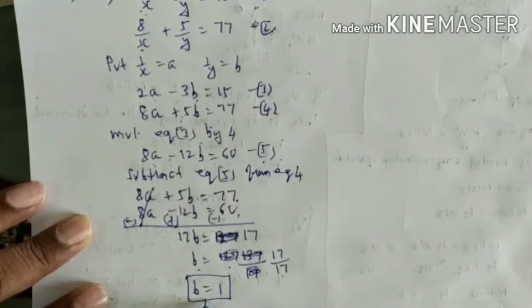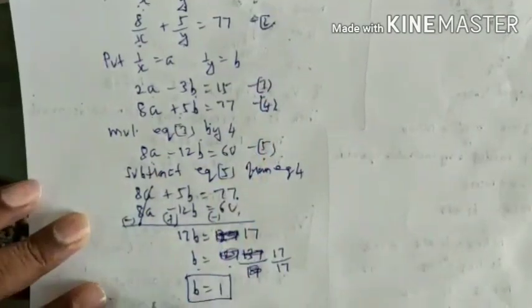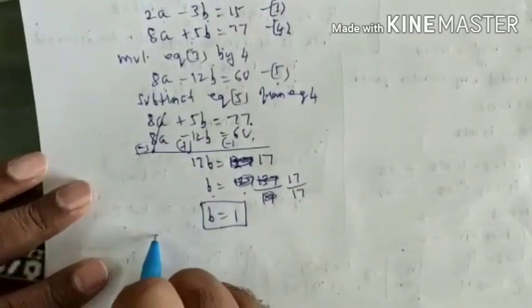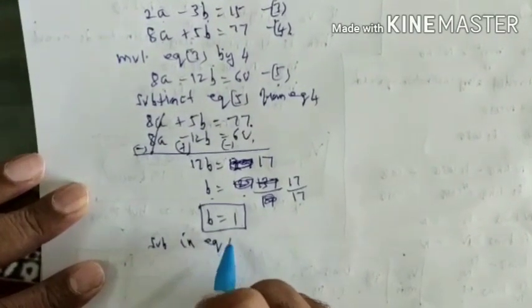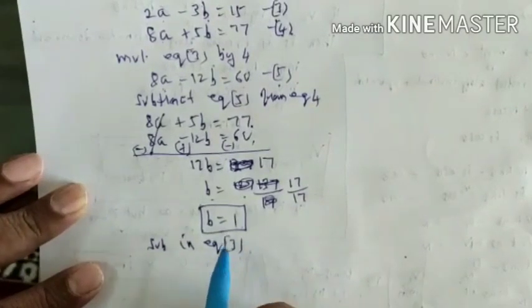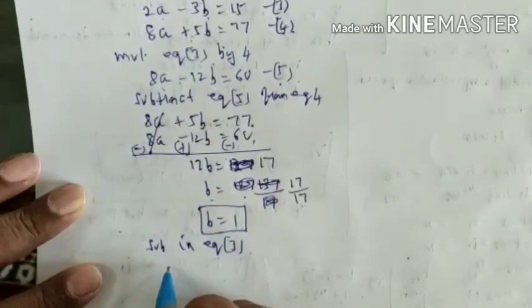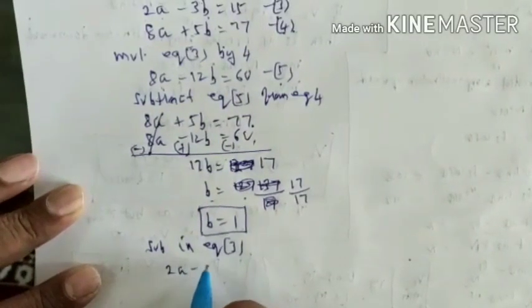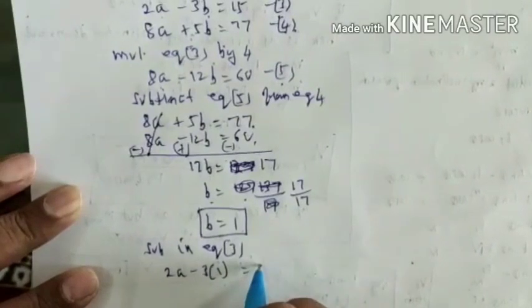Now we shall substitute this value of b in equation 3. If we substitute in equation 3, what we get? 2a minus 3b equal to 15. So 2a minus 3 into 1 is equal to 15.